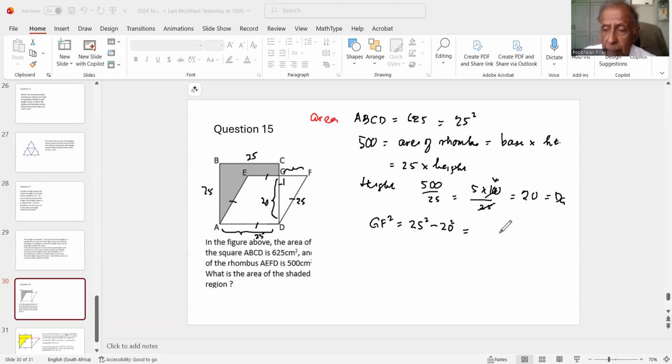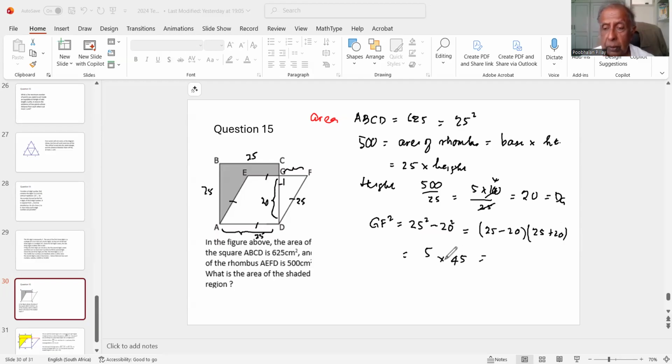I can do this very quickly because this is the difference of two squares. In Pythagoras, there is a difference of two squares that occurs, and that helps you make calculations very quickly. So this is 25 minus 20 into 25 plus 20. So 25 minus 20 is 5, and 25 plus 20 is 45.